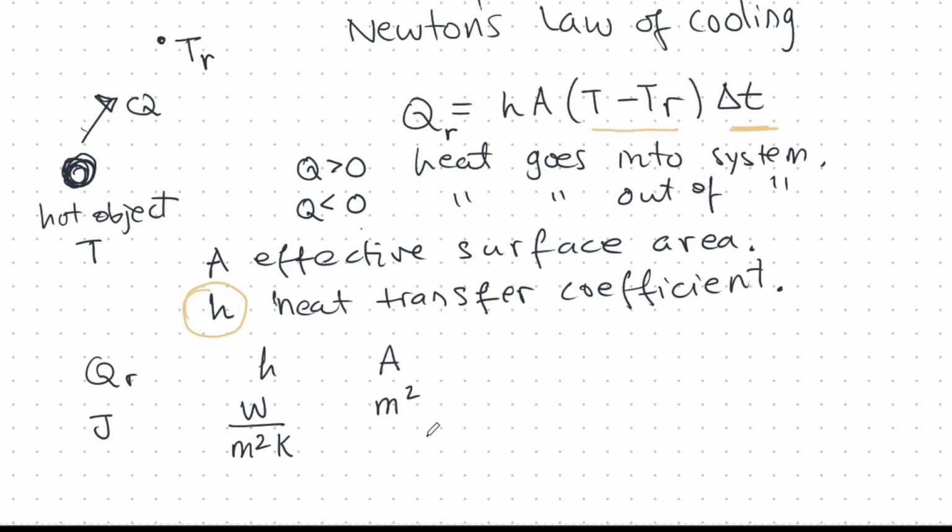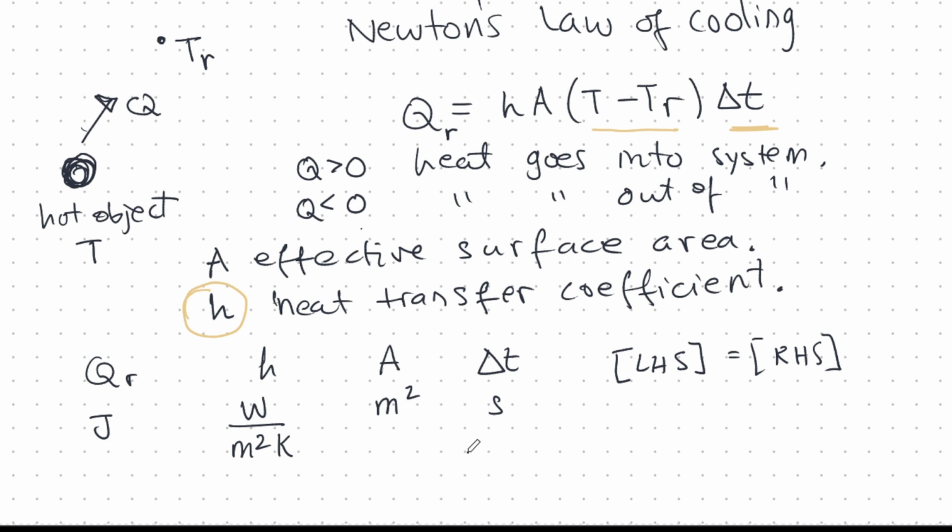It's length squared. That's the dimensions of that. And delta t, the dimension of that is time, or seconds. So, okay, when you plug all this stuff in, it works out. The dimensions of the left-hand side equal the dimensions of the right-hand side. And that gives us some confidence that this is a good formula.